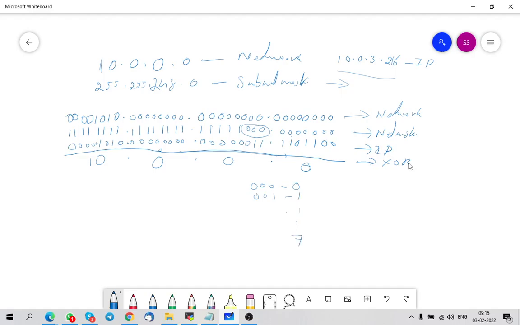So 10.0.0.0 is called the network address, and the last one, 10.0.7.255, is called the broadcast address for this subnet. I hope everybody understood the concept.